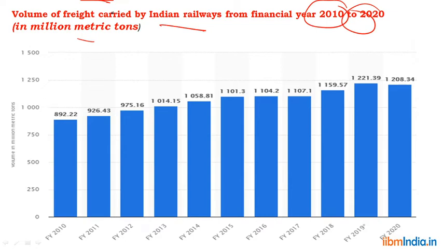Financial year 2016 to 2017, 1107, then 2018, 1159.57. In April, for one or two months, due to the lockdown, it decreased. The volume of freight carried by Indian Railway from financial year 2010 plays a very vital role in domestic businesses.